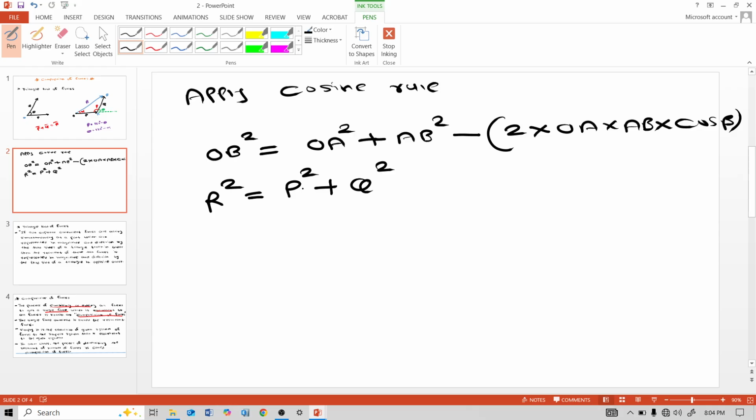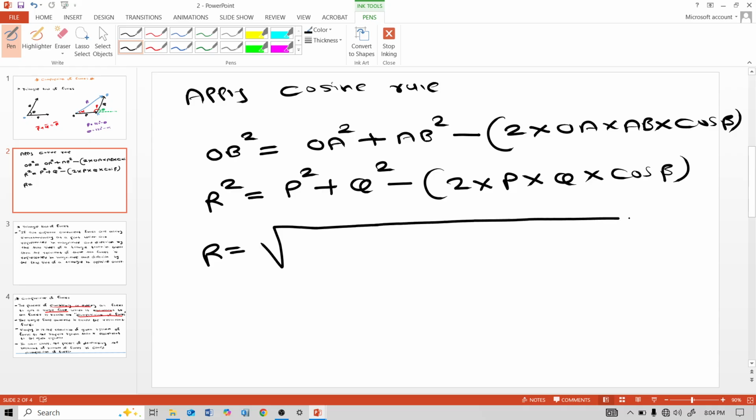So mathematically, R is equal to the square root of P square plus Q square minus 2PQ cos beta.